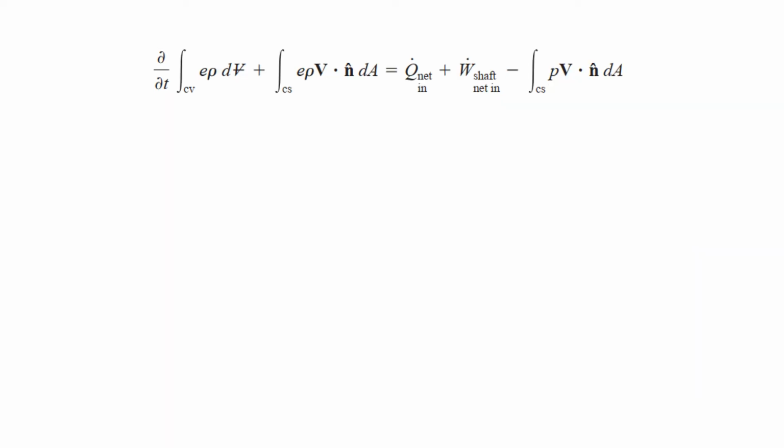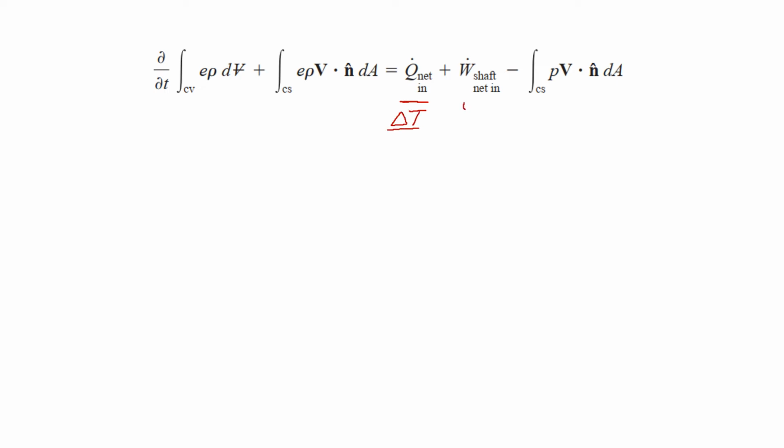So now this is how our Reynolds transport theorem will look. If we go through these terms again, on the right hand side you can see that we have the net rate of heat transfer, and we have already discussed that the rate of heat transfer is due to delta T, the change in temperature.